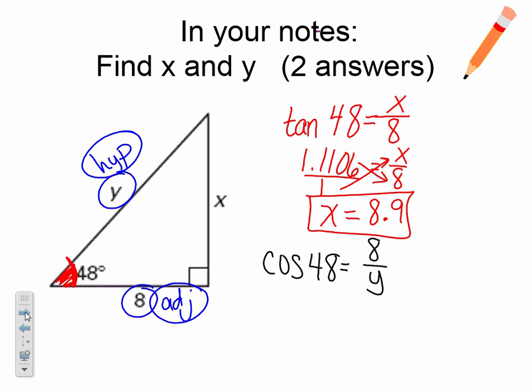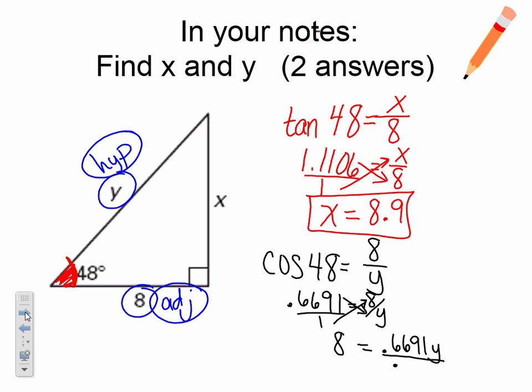And again, I'm going to use that calculator. Cosine of 48 is 0.6691 equals 8 over y. Put this over 1 so we can cross multiply. 1 times 8 is 8. Funny decimal times y is just 0.6691y. And notice the y is not alone after we cross multiplied.